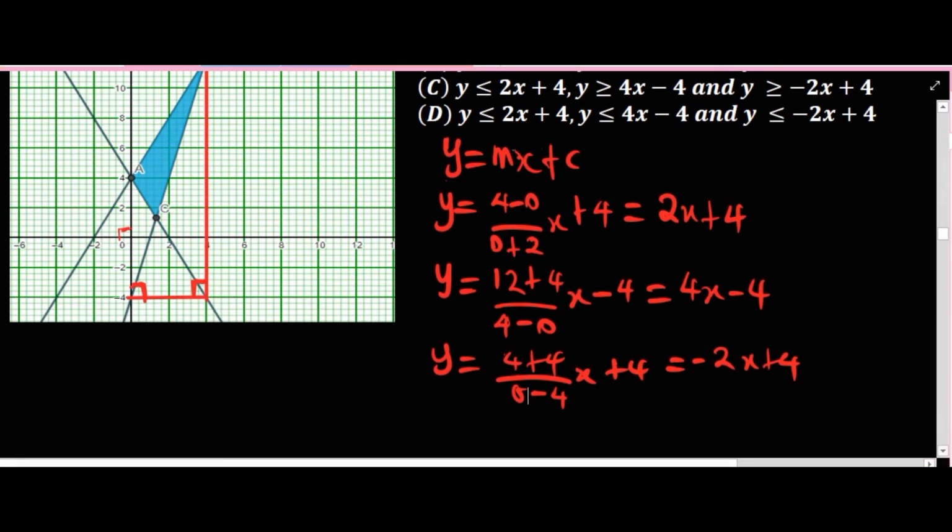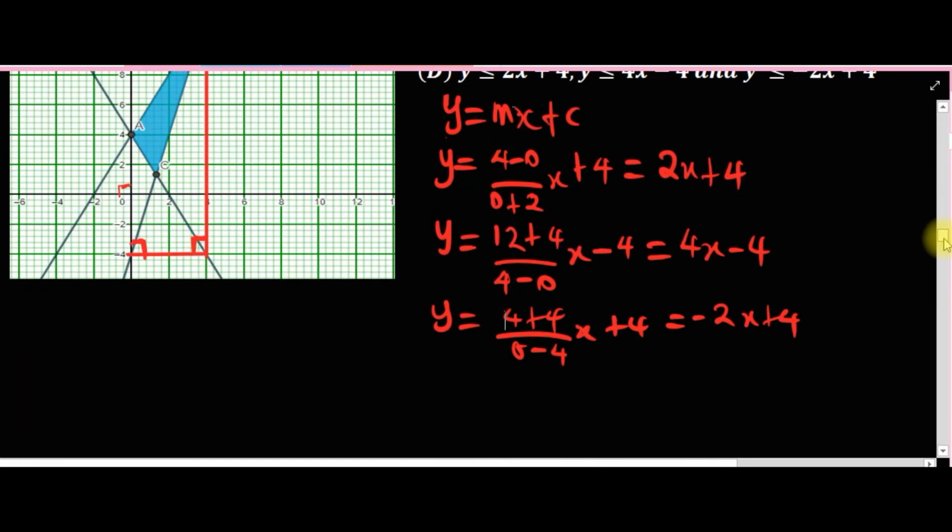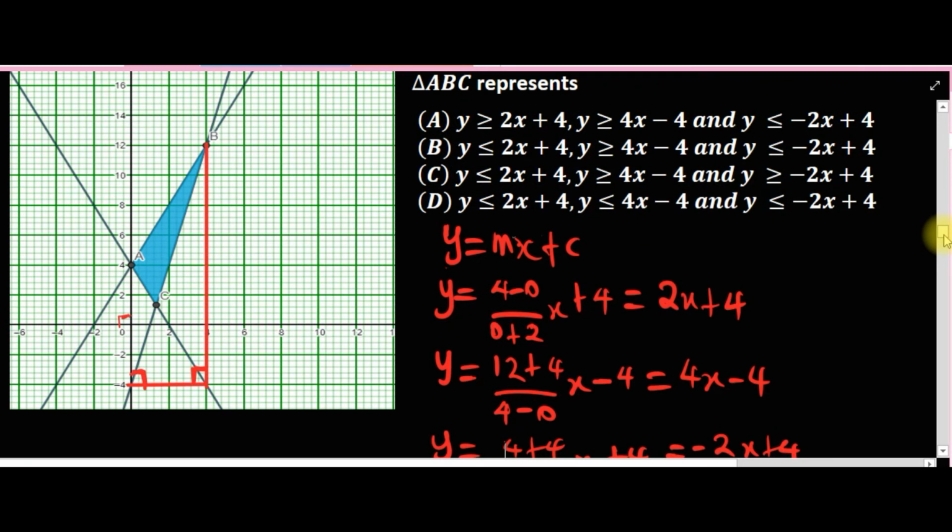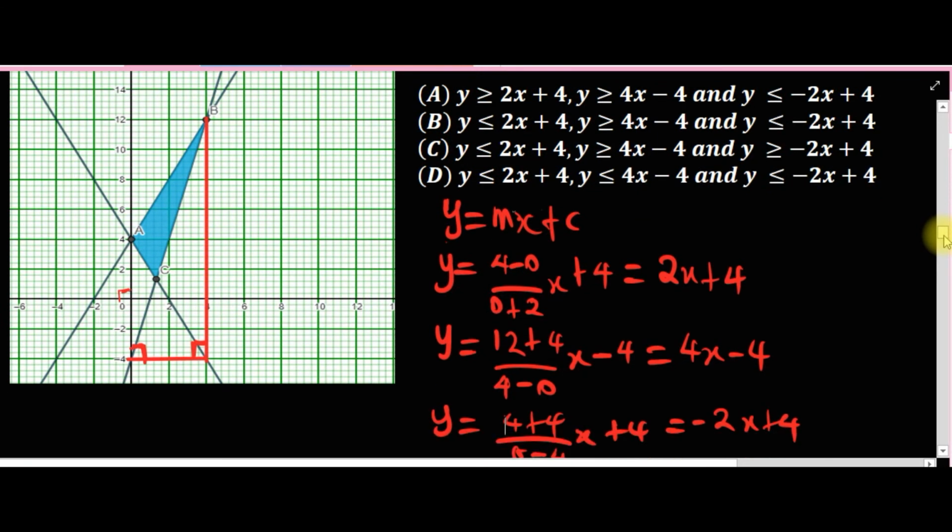But the shaded region is an inequality, so we match it with the options: 2x plus 4, 4x minus 4, minus 2x plus 4.